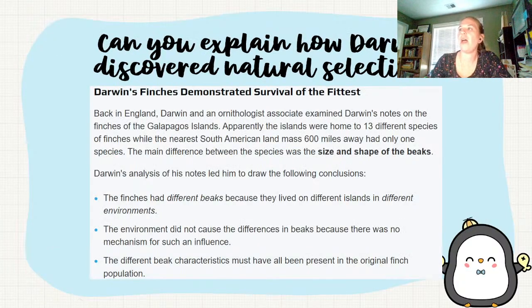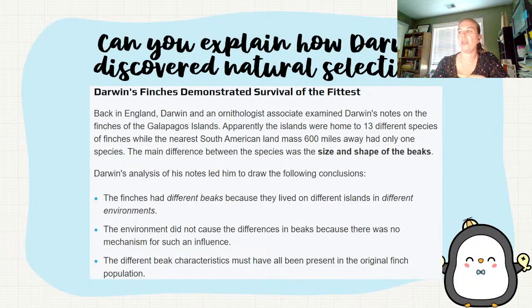And then, how did Darwin explain natural selection? I truthfully don't know how he came up with it, so I had to Google it. I found an article that said he took a bunch of notes while he was on the HMS Beagle. On it, he was making observations about the finches and their beak sizes. The ones that had different beaks lived on different islands with different environments.